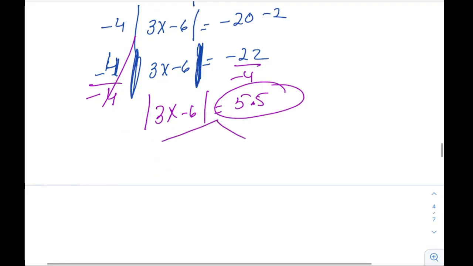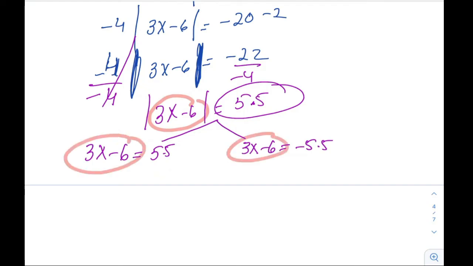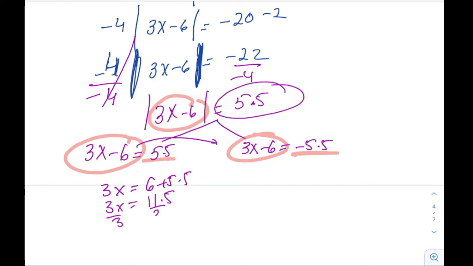And now we have two cases. Case 1, copy paste. Case 2 is changing the sign. Remember, we are taking this expression as it is. We don't change anything, but only we are changing this number, one's positive and one's negative. And then we will deal with each equation individually. We will take this to the other side, so 3x is 6 plus 5.5, which is 11.5, and we divide by 3.